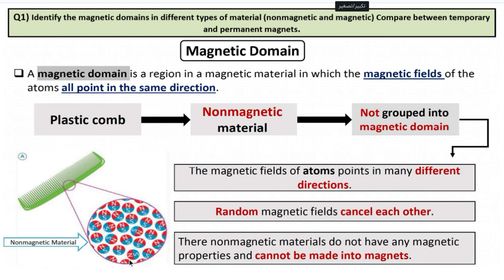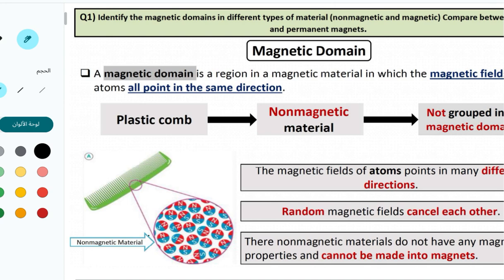Looking at this plastic cone, we know that plastic is a non-magnetic material, but the reason why is because it does not have magnetic domains. So plastic is not grouped into these magnetic domains. The magnetic fields of atoms point in many different directions.